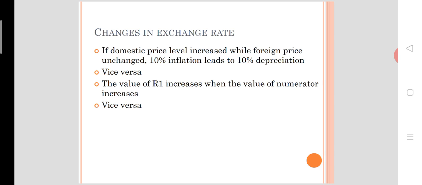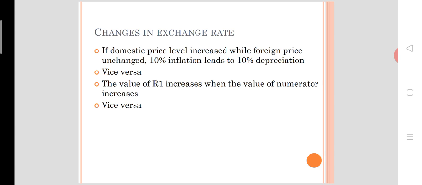If the domestic price level increases with no change in the foreign price level, for example 10% domestic inflation in the economy with 0% inflation assumed in the foreign economy, that could lead to 10% depreciation of the domestic currency in terms of its foreign counterpart.